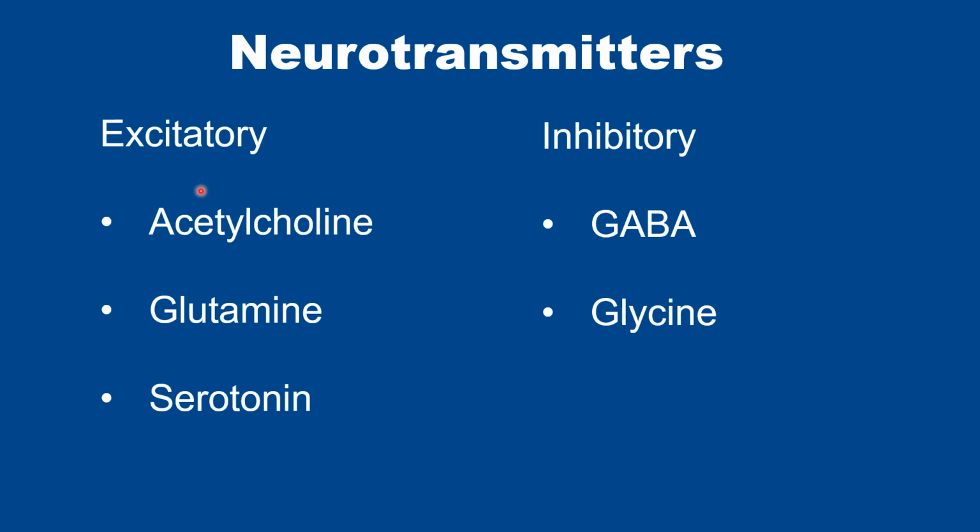The majority of the synapses use acetylcholine, glutamine, and serotonin as excitatory neurotransmitters. GABA and glycine are used as inhibitory neurotransmitters. There are several other catecholamines and peptides which are used as neurotransmitters and neuromodulators.